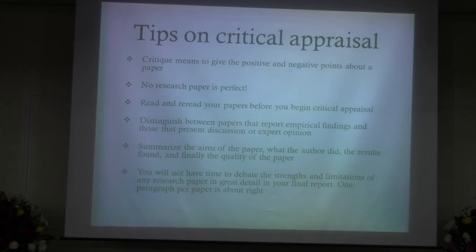Tips on critical appraisal. Critique means giving positive and negative. There is no such thing as a perfect article, because if there were perfect articles, we would not need a review of literature. Distinguish between papers, whether they are empirical findings or expert opinions, and summarize.